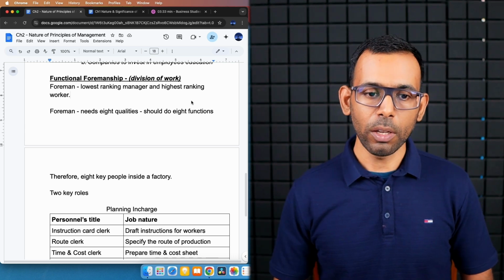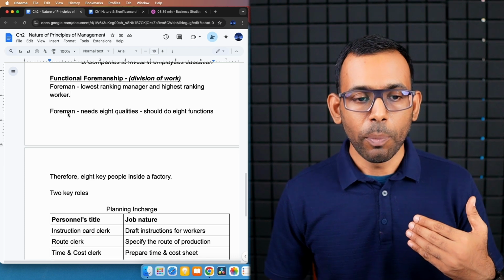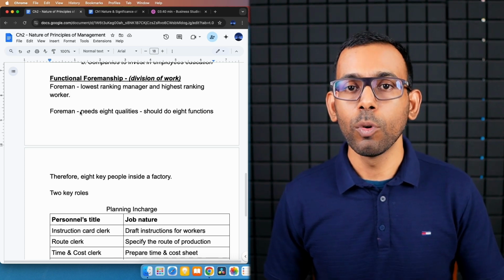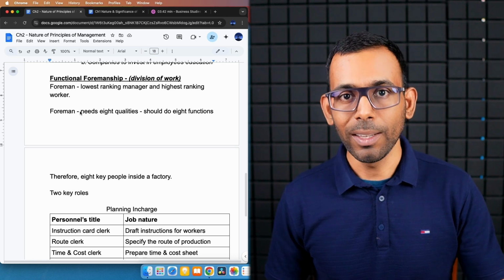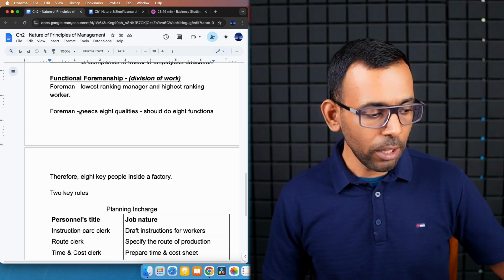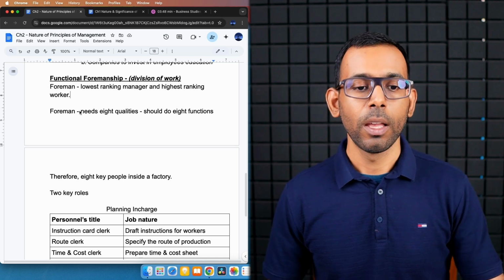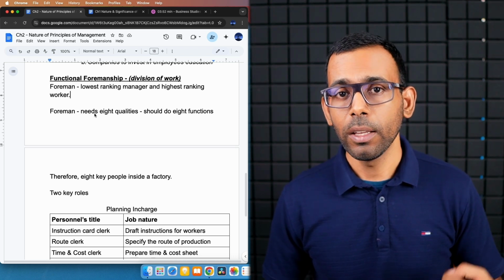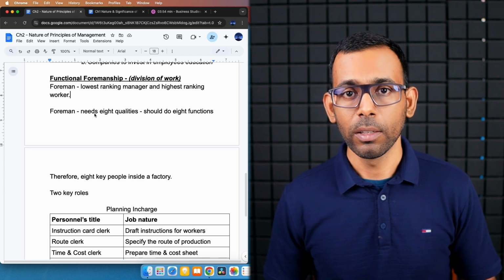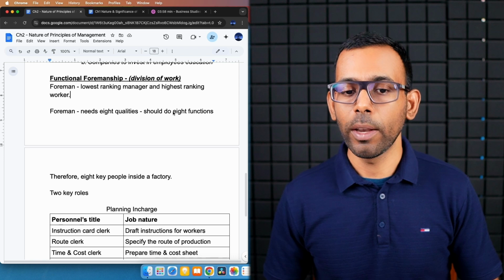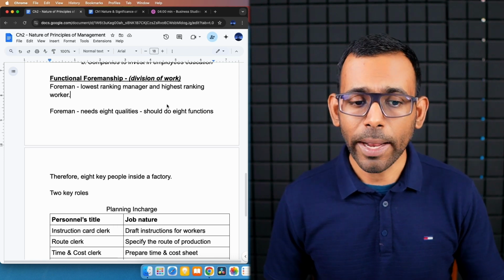So he thought the person who can run the factory in the most efficient and effective manner is called the foreman. Means he is before everybody, like the front runner in a factory. And to be able to run a factory in a very effective manner, Taylor believed that the foreman should have 8 qualities, or he should be able to do 8 functions.